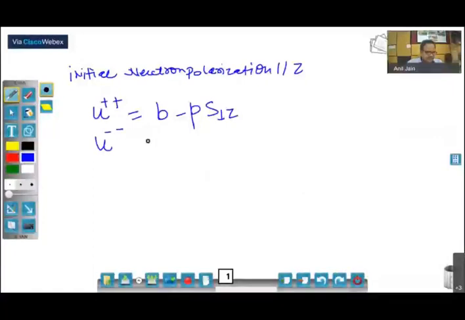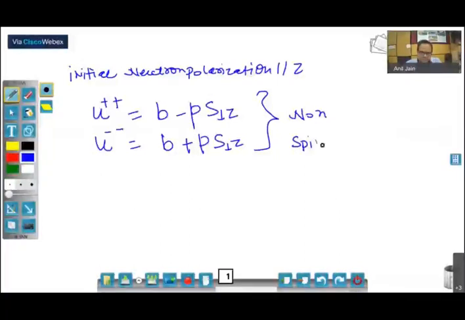Similarly, minus minus means you have a neutron beam with spin down, and after scattering it also remains spin down. So this can be written as B plus P perp z. So these two processes describe the non-spin flip scattering, which means the neutron's spin remains the same after the scattering.